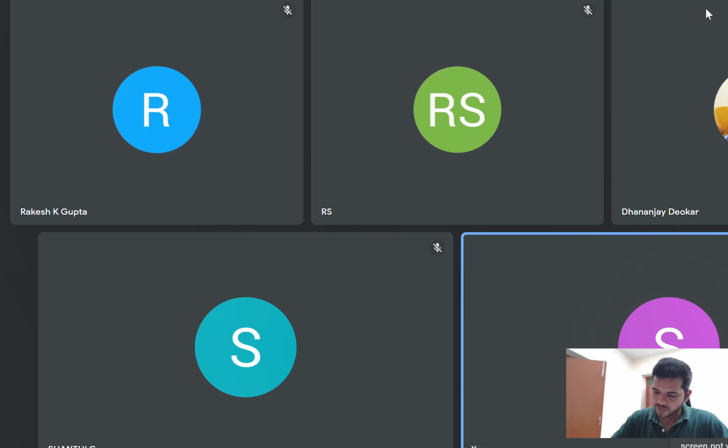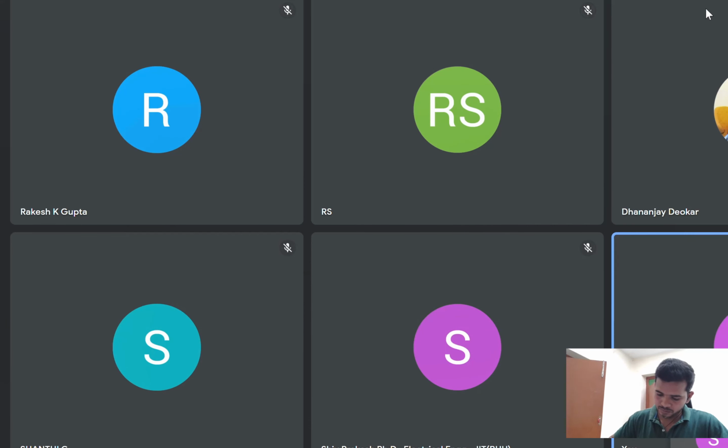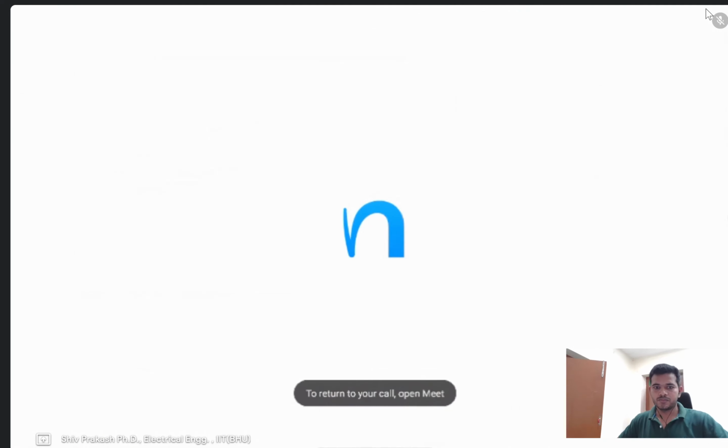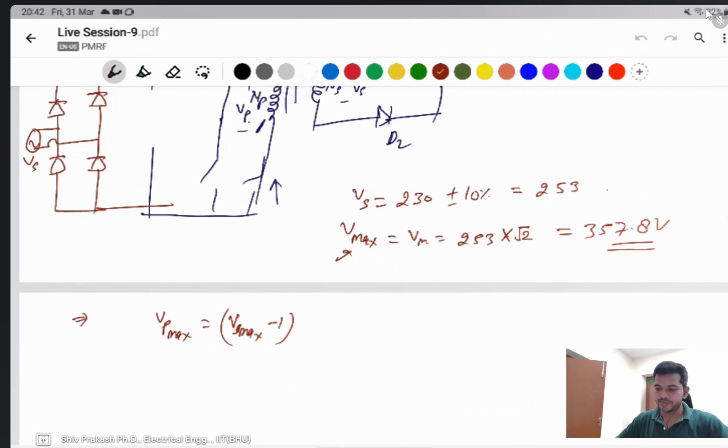Please calculate VD1 also, that is, what is the peak inverse voltage of the diode.